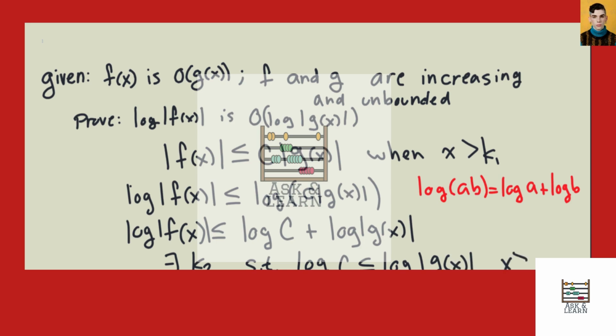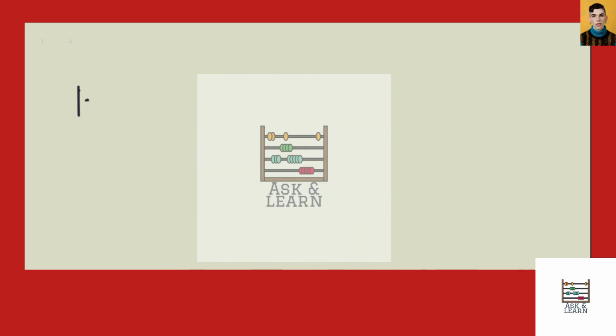And so this is for when x is greater than k2. Okay, so we're just going to let k be the maximum of our two k's here, k1 and k2.